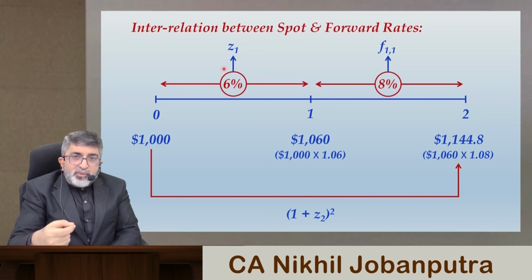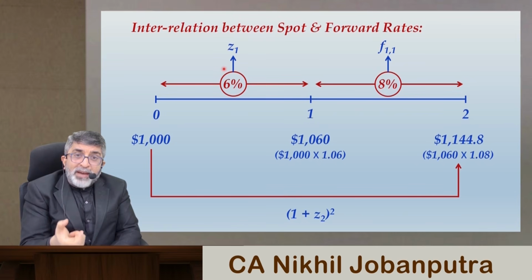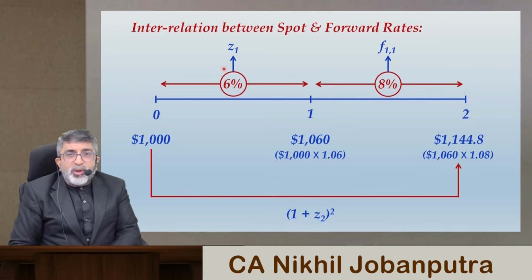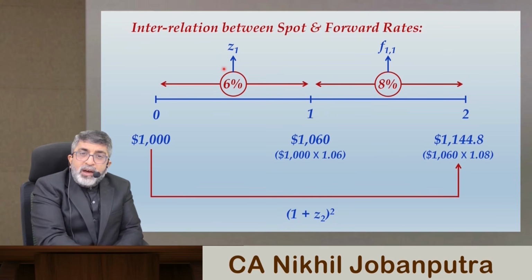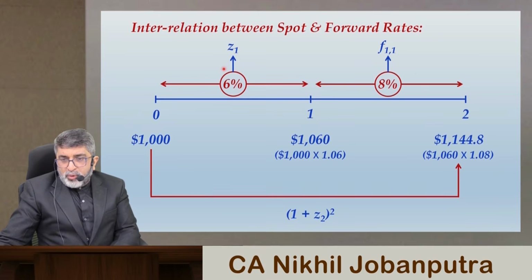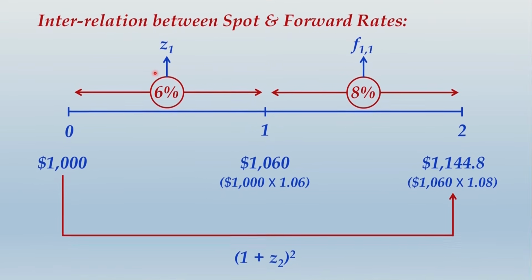And gradually we are going to arrive at an equation which the world has been naming as the forward rate model historically since it was developed long back. So the forward rate model is what we are going to derive out of this logic. But before I take you ahead, I would want you to note down this example right now.